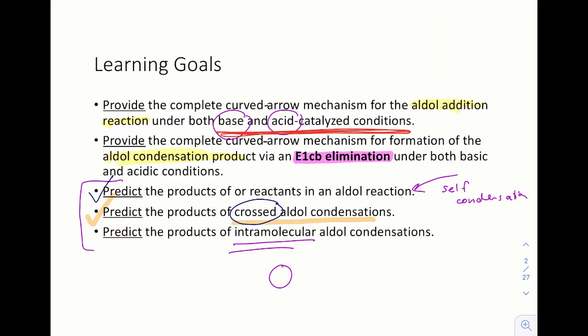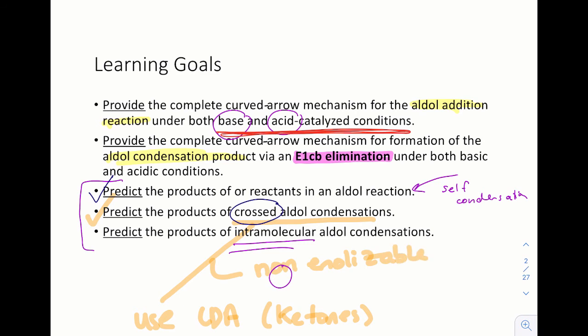We learned that we either need to use LDA for crossed aldol between ketones, or sometimes you have a non-enolizable aldehyde, which will just act as the electrophile, and then a ketone of some type that will just act as a nucleophile. That was the first example we saw, and that was okay for the crossed aldol.